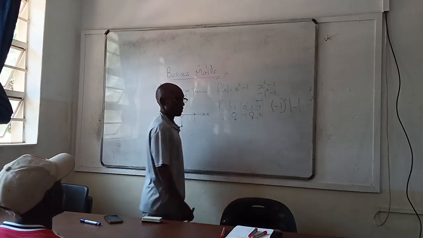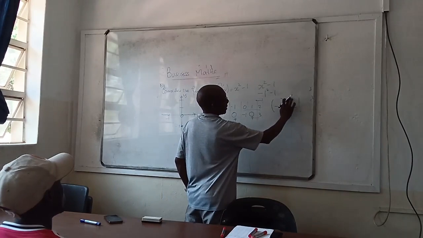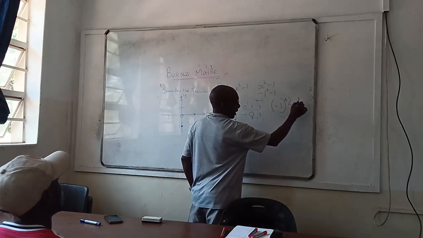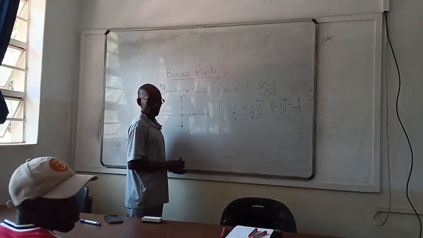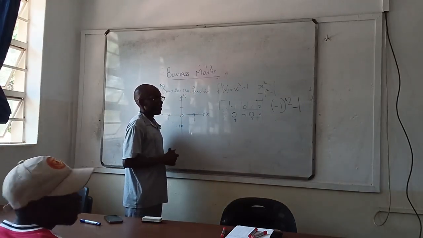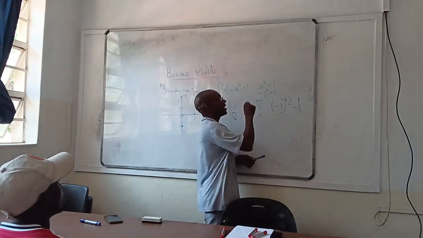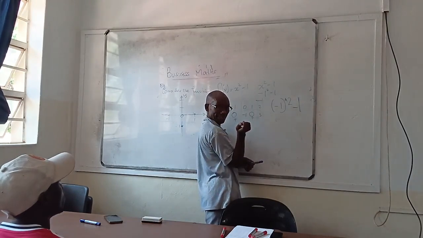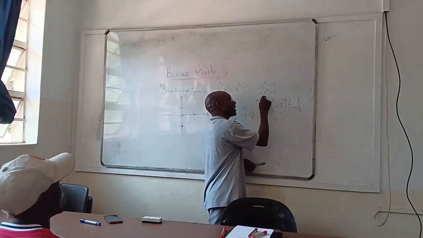That's what it means there. Not just 1. When you put this to the power 2, it goes like this, minus 1. Then you are going to get what you are to find. Every number that has a negative, you have to use brackets.